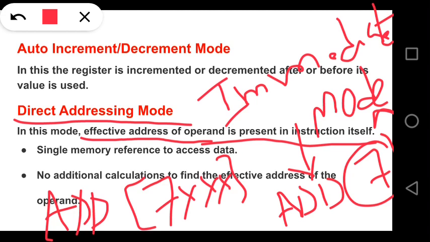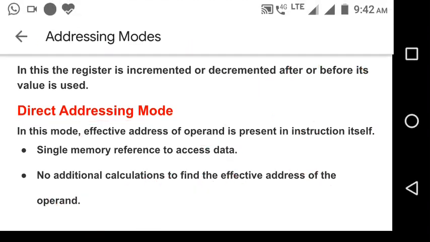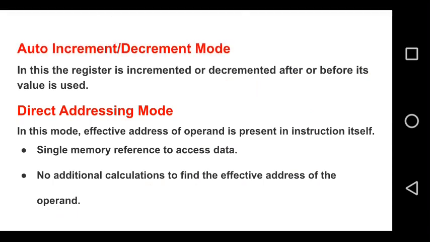Direct in the sense the address of the operand is directly available within the instruction itself. In case of register indirect addressing mode, the previous case, the address of the operand was present in the register. But here, in direct addressing mode, we can get the address of the operand directly from the instruction itself. This is called direct addressing mode.